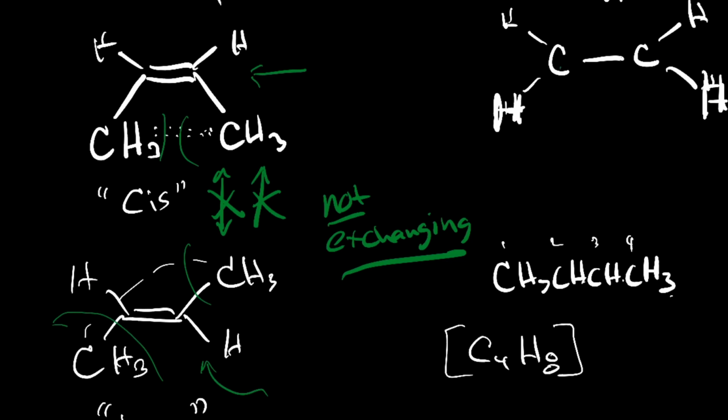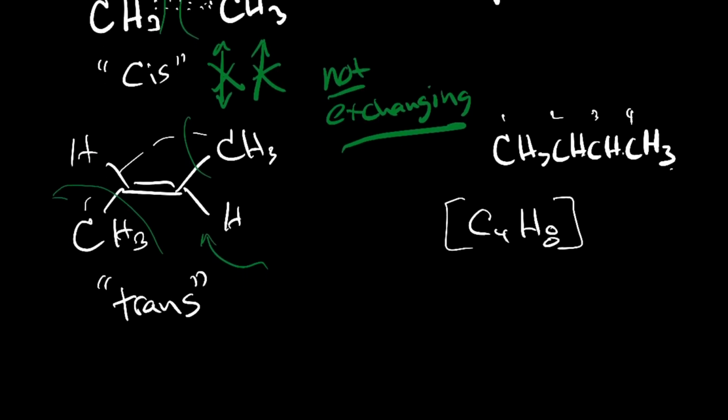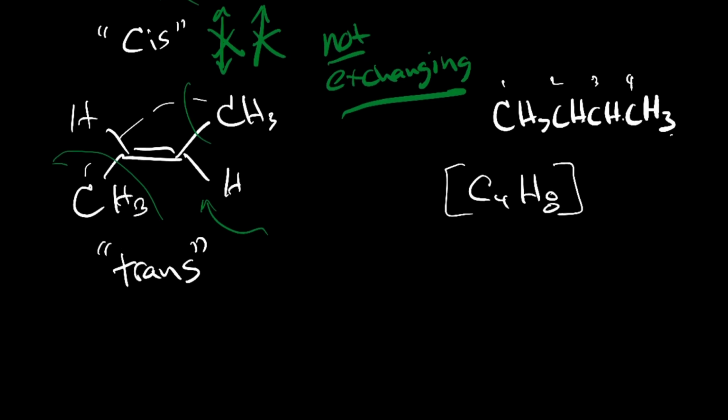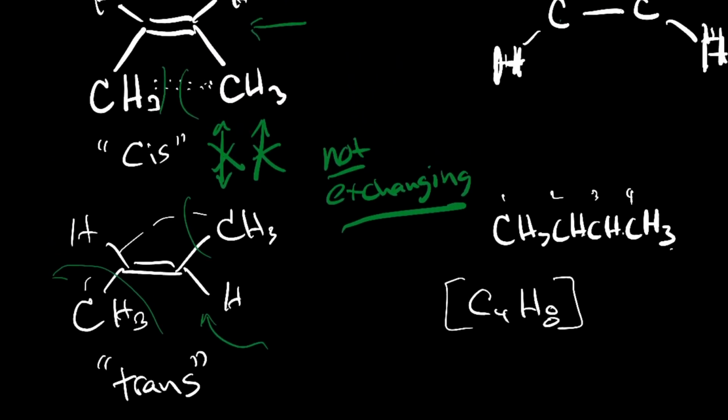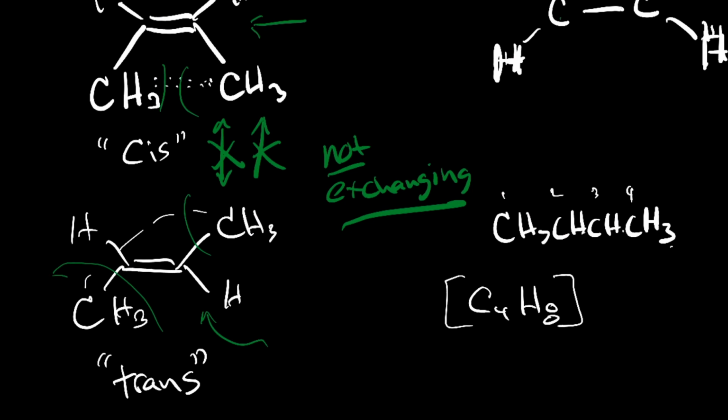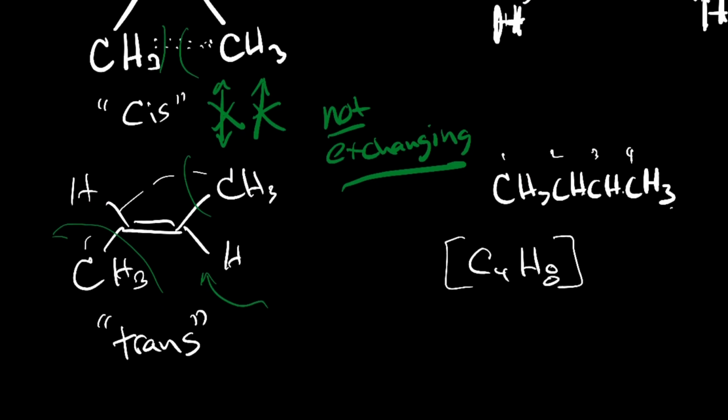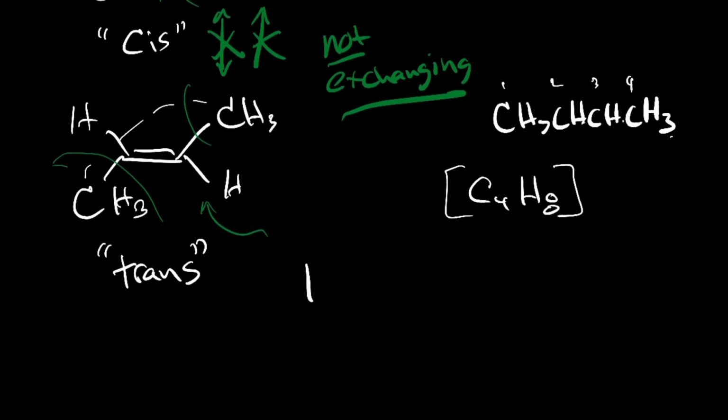And this difference is an important difference that requires a word, right? We have to come up with a term that describes when two molecules differ in space, but not in molecular formula. And that term is isomers.